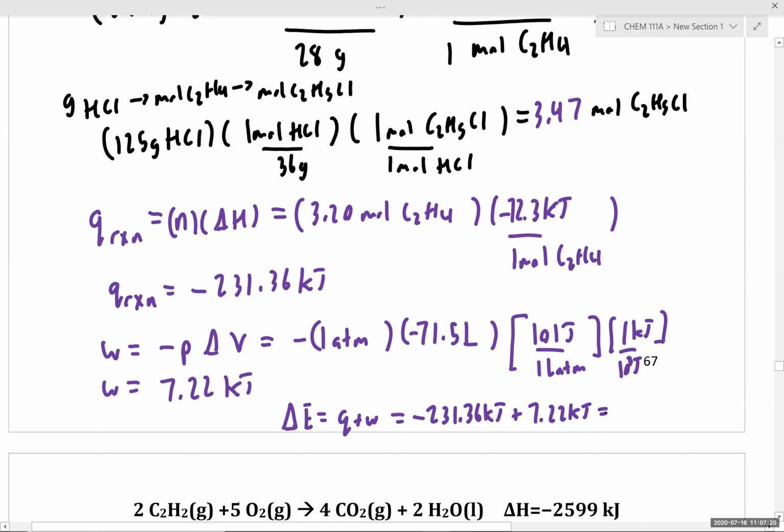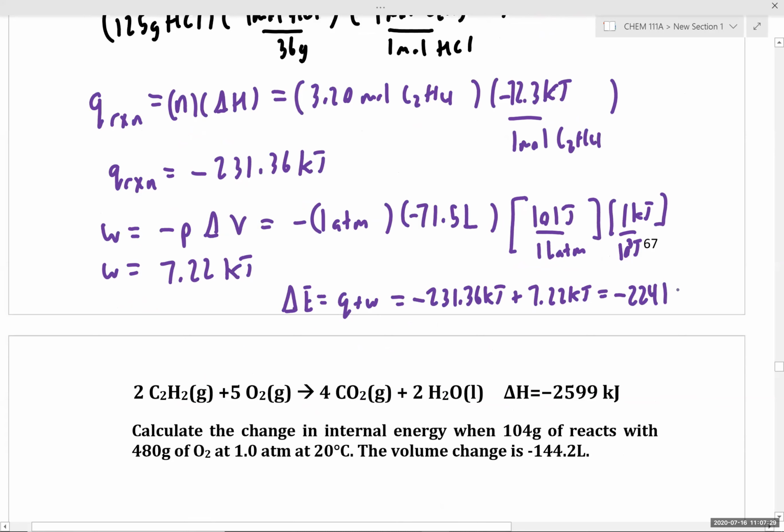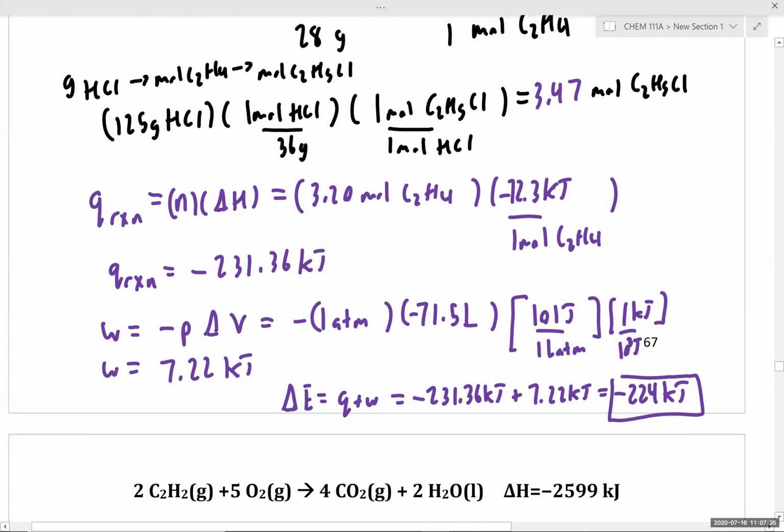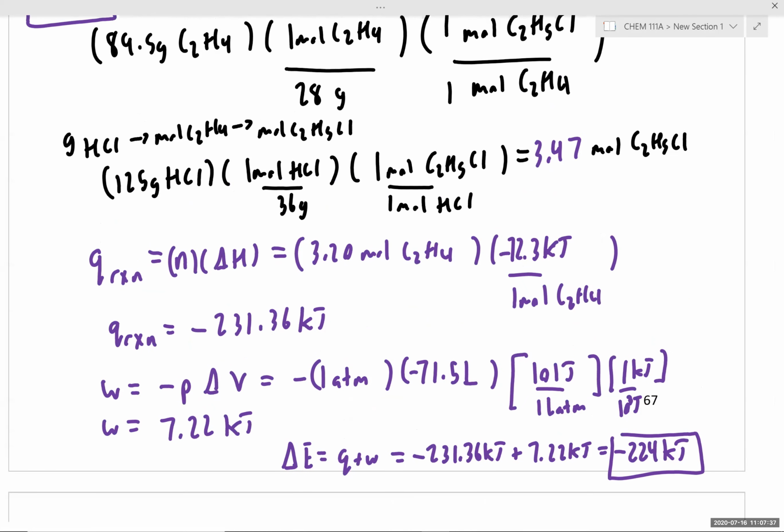Let's punch that in. That gives us negative 224 kilojoules. This is the overall change in internal energy for this reaction.